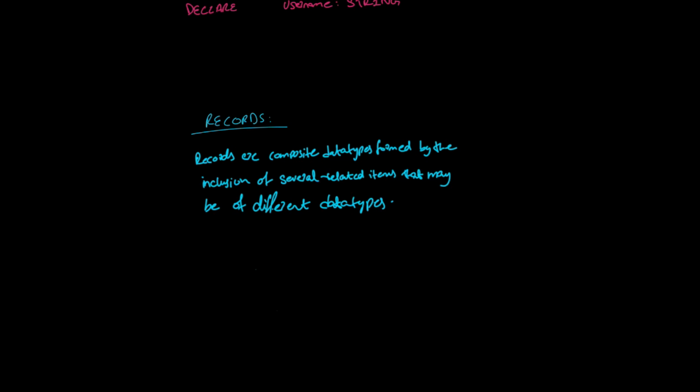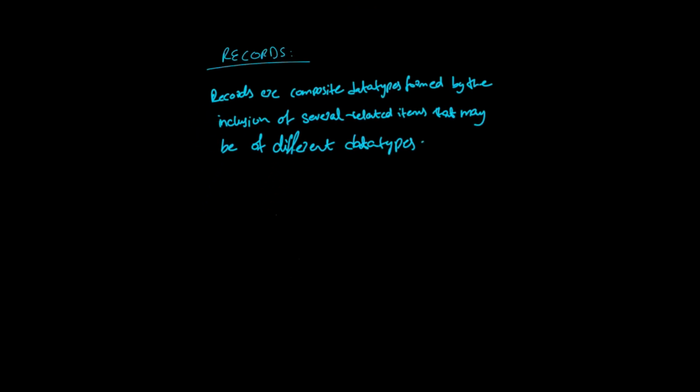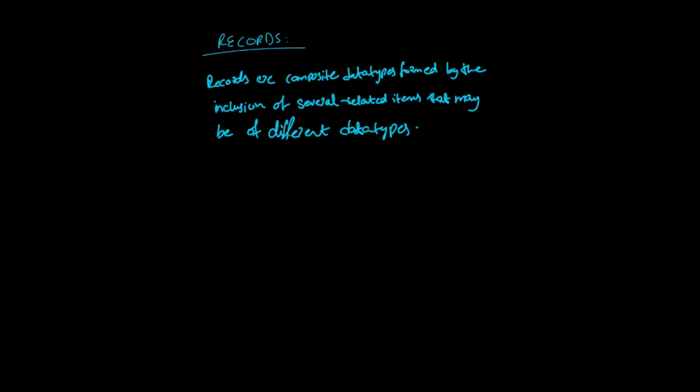Now what we need to be aware of is how we are going to use records. Take for example, I want to record something related to a book. I'll use the keyword type. I'm going to name the record, which is the type name, and then I'm going to declare multiple variables that I want inside that record. Maybe I want a title, so that's going to be a string.